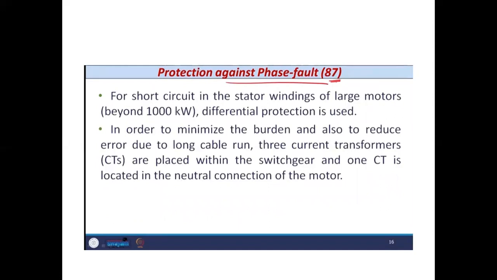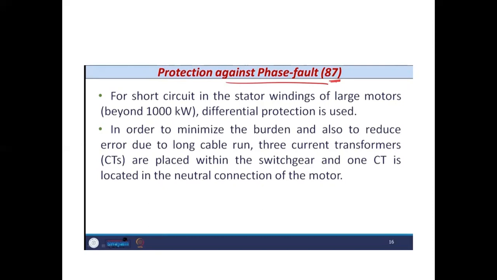Now the next phenomenon is protection against short circuit, and this is basically phase to phase fault. Okay, protection against phase to phase fault, and the relay number is 87. For short circuit in the stator winding of a large induction motor, maybe beyond 1000 kilowatt, differential protection is used.